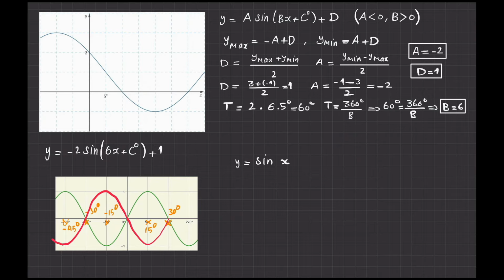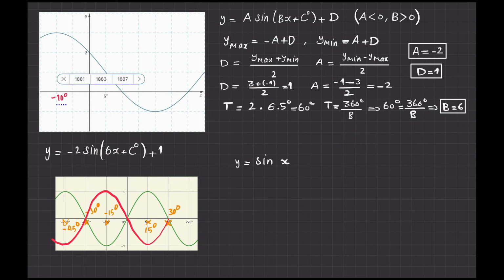But what is the first crest on the left hand side of my graph? So here is minus 5, and here is minus 10 degrees. Okay, so let me write this there so that we are not confused. So here it is minus 10 degrees.